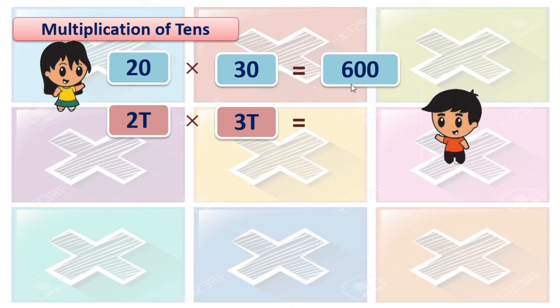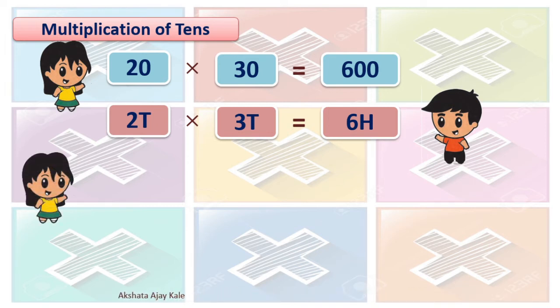So the answer is 600, right? So here 3 twos are 6 and h means 600. Got this, children? 600. Remember this. 2 tens multiplied by 3 tens. In both the numbers we have tens. So when we multiply these tens, we get the answer in hundreds.